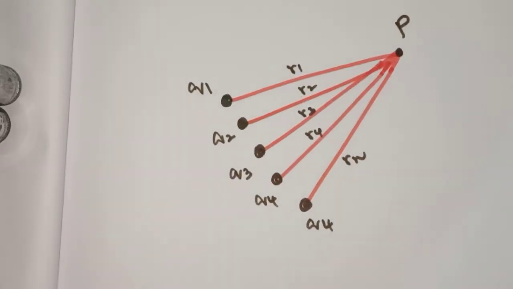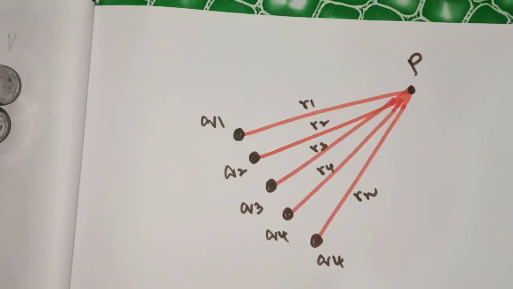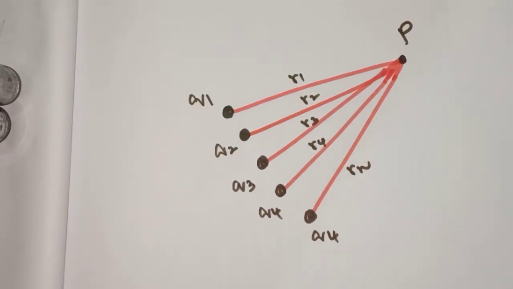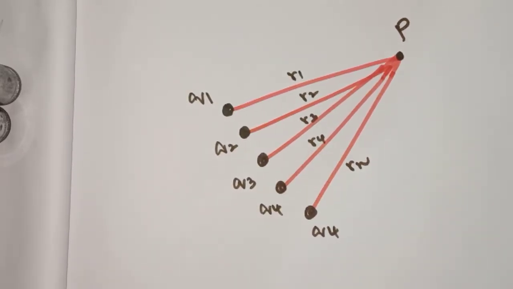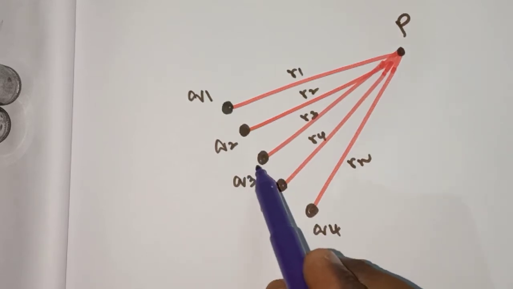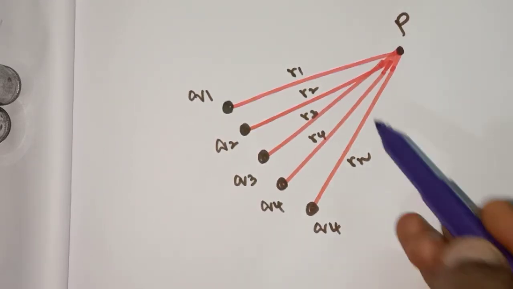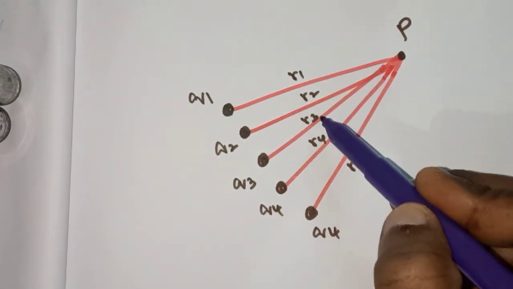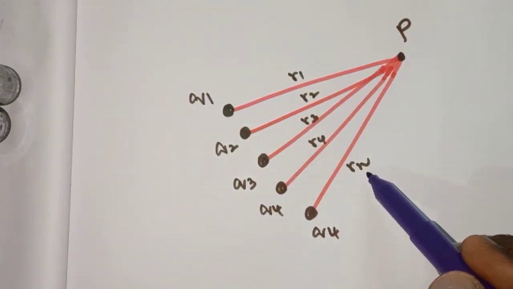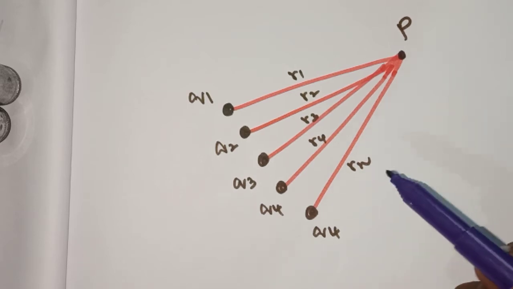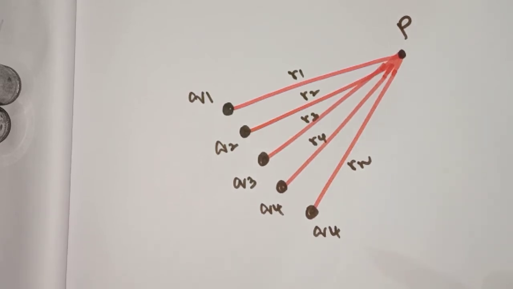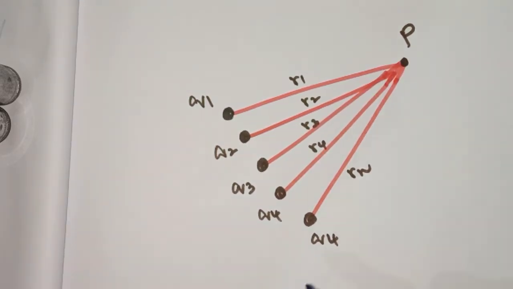Next, here we have so many charges, Q1, Q2, Q3, Q4, etc., at distances R1, R2, R3, R4 and Rn. I need to calculate the potential at that point P. Could you understand?